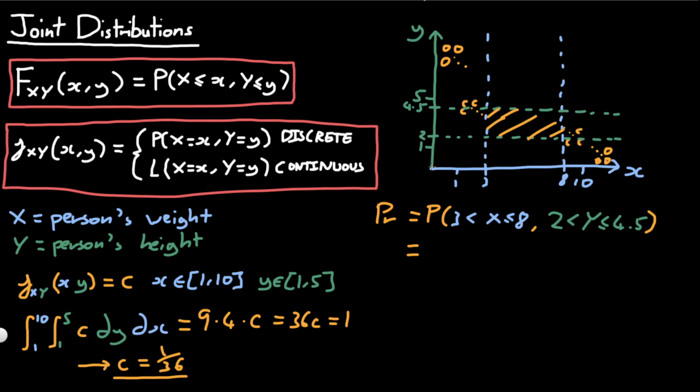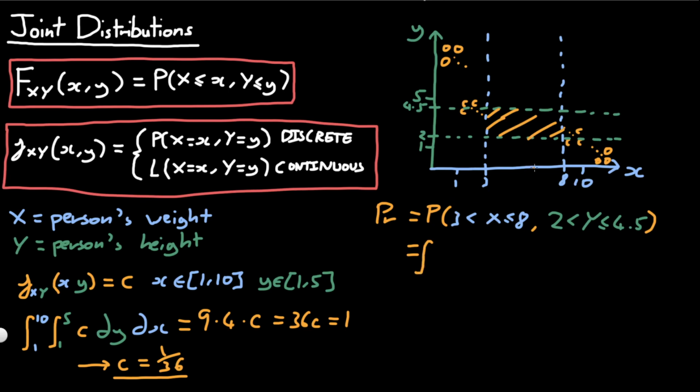So again, we can visualize this function as a cuboid with length 5 and width 2.5, and then height c. Because it's a probability density function, we want to get the volume of that cuboid, and we can do that with the tool of integration.